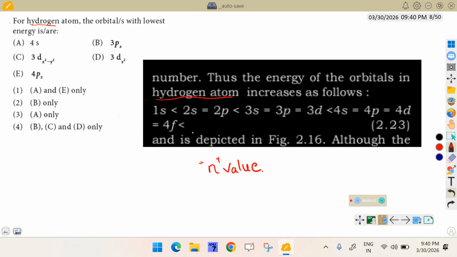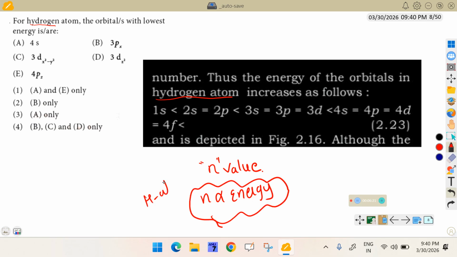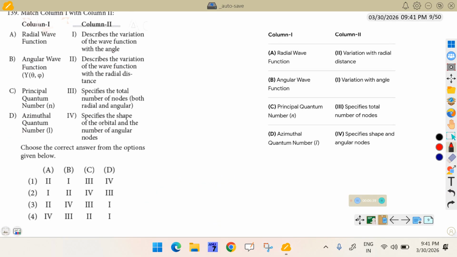According to this, as the n value increases, the energy of the atomic orbital also increases in the case of the hydrogen atom. The question is lowest energy, lowest n value: 3p, 3d, again 3d. So BCD is the correct answer.